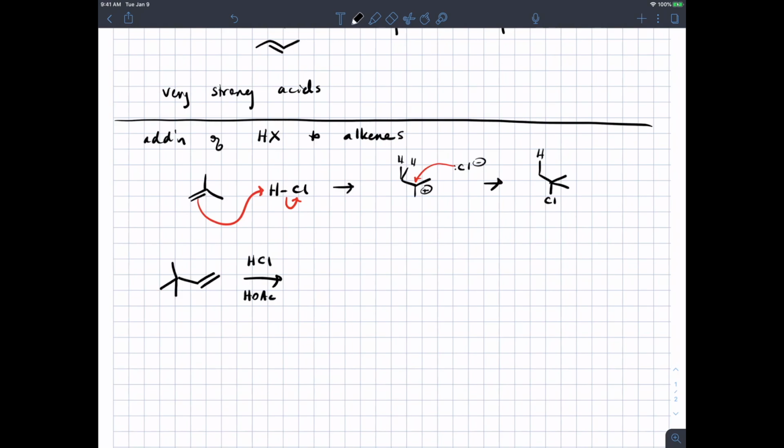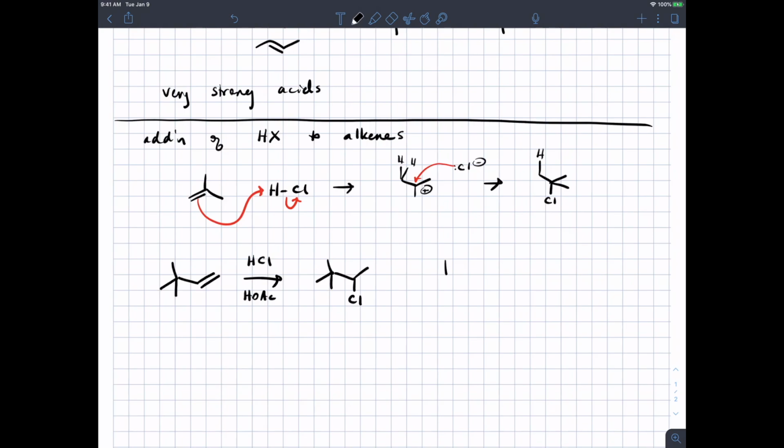But in practice, you often see such competition products. So if you react this particular olefin, you observe the following products.